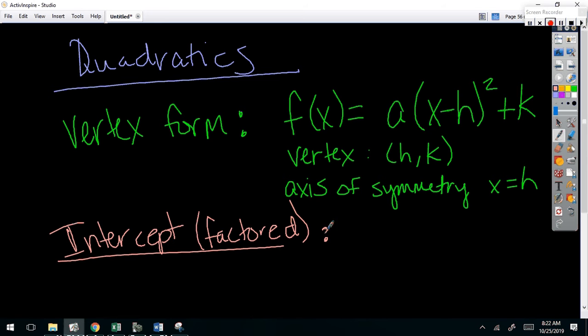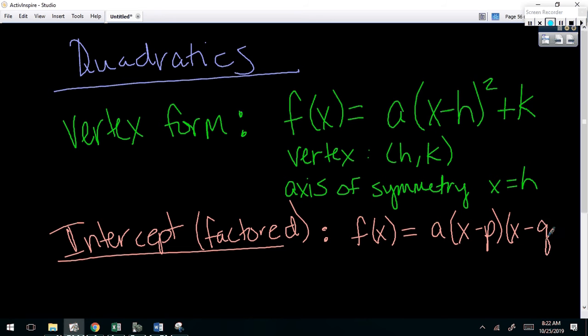We did a lot of solving, and when we solved, we set each piece equal to 0 to get the individual x values, right? So when I talk about intercepts, which intercepts am I talking about? What points, though? The x-intercepts. That's exactly right.